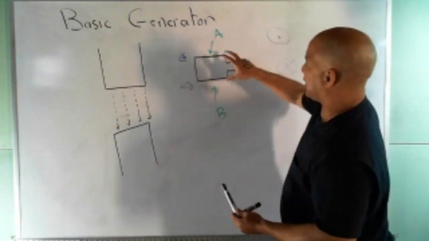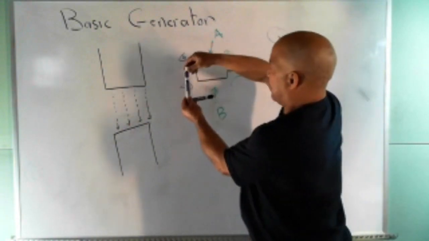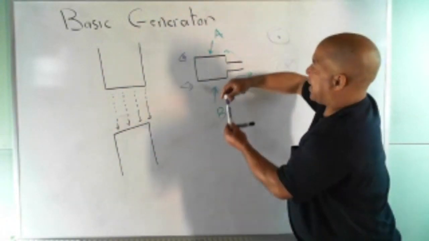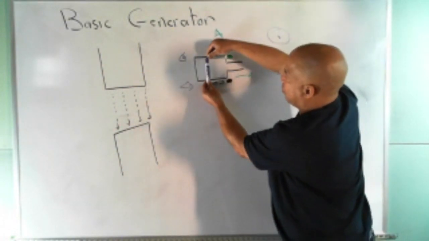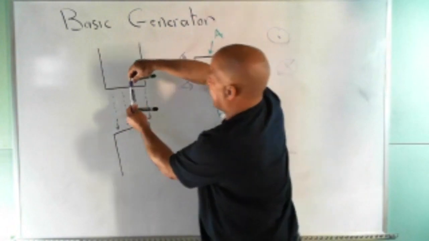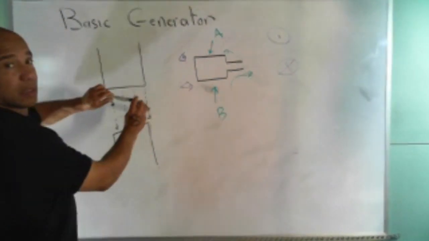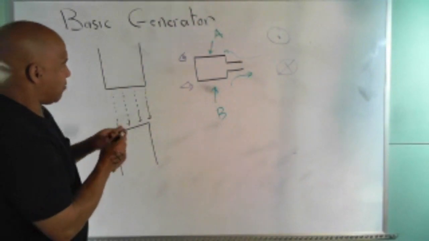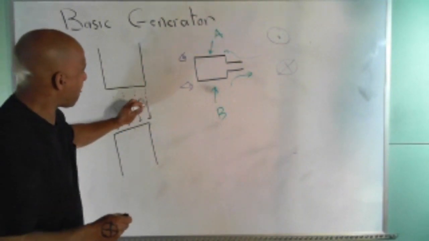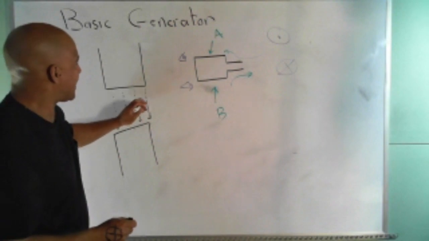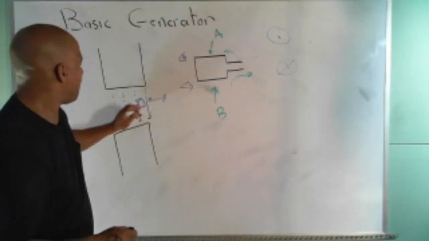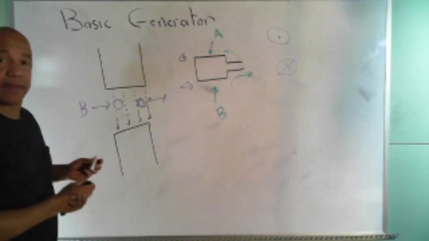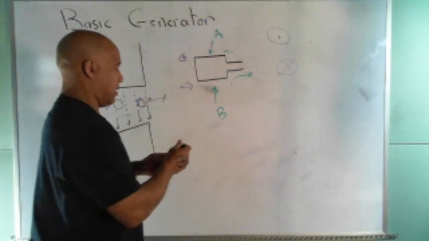So I got to show you with these markers. I'm going to stick this in here like that, and I'm going to spin it that way and put it in the magnetic field. So if I do that, I put this over here. Here's the coil. And I put it over here. I spin it like that. And then if I do that, what you're saying is right here, that's like conductor A. And right here, that's like conductor B. If you can see what I did here.